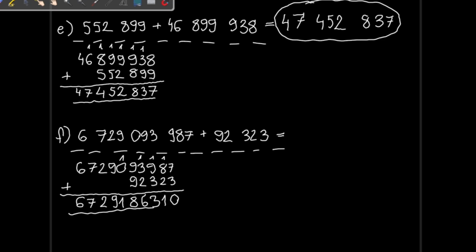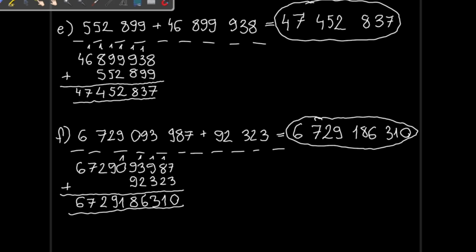And that's the result here. So 6,729,186,310. That's the result for the final exercise of the column addition.